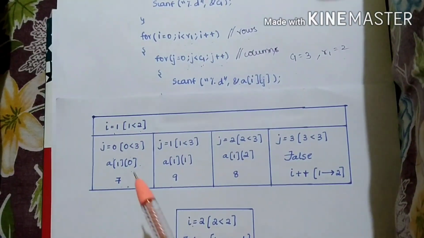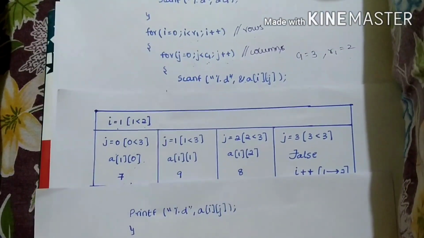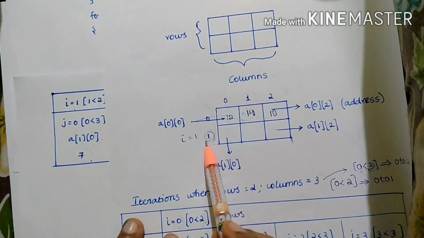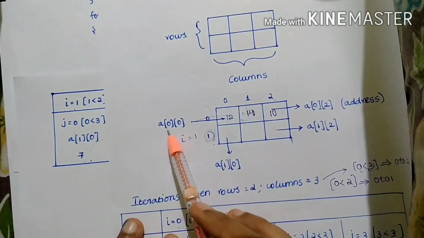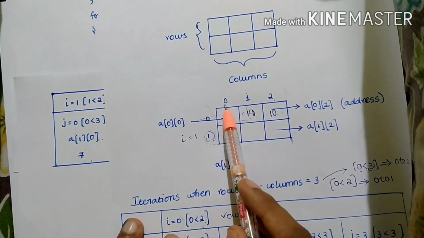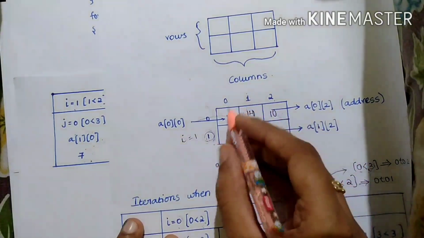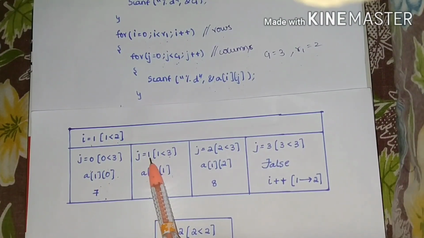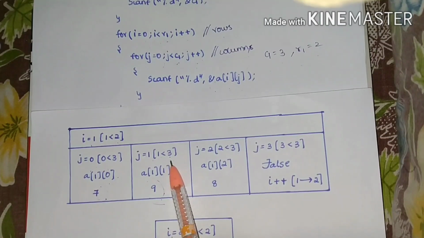in this table. Exactly, if you see a of 1 of 0, so a of 1 of 0 is 7. j gets incremented from 0 to 1. 1 is less than 3.